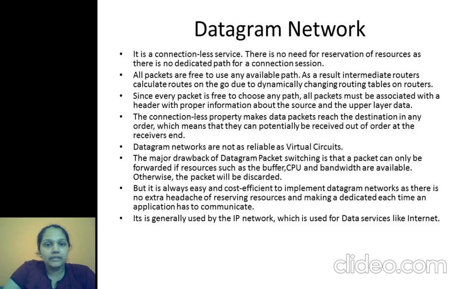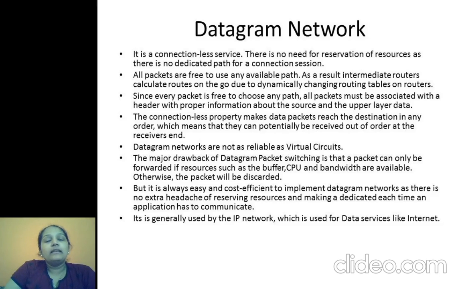Second, in the datagram network every packet is free to choose any path. All packets must carry a header with proper information about the resource and the upper layer data.